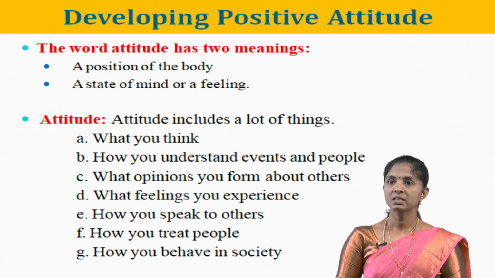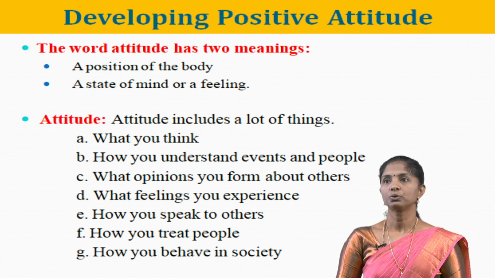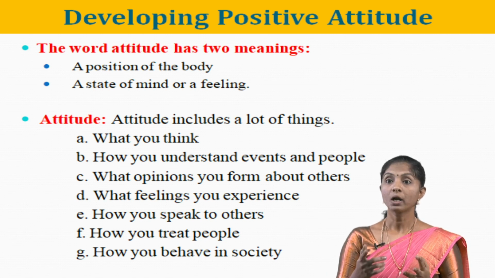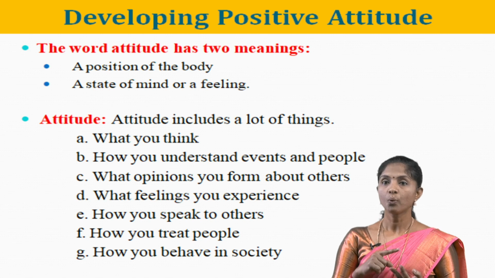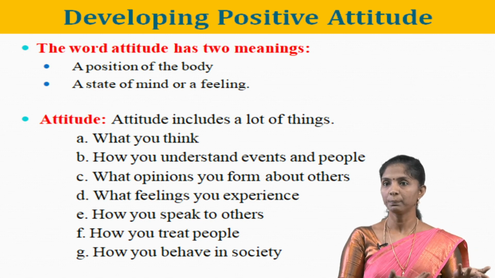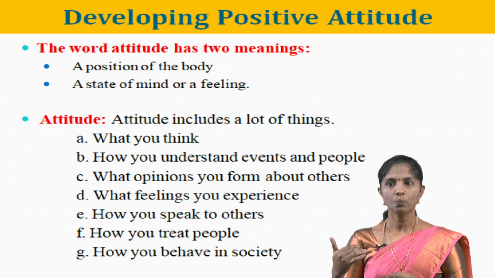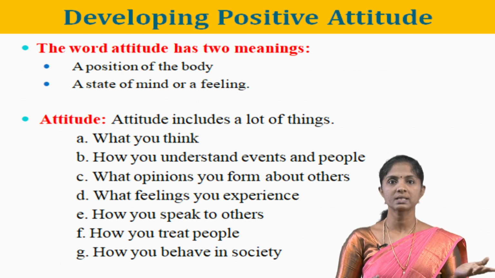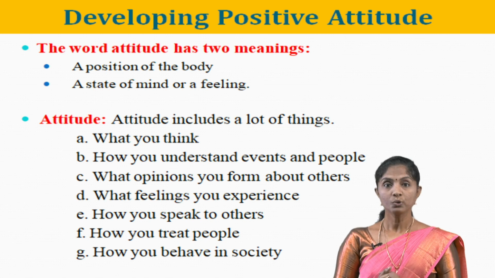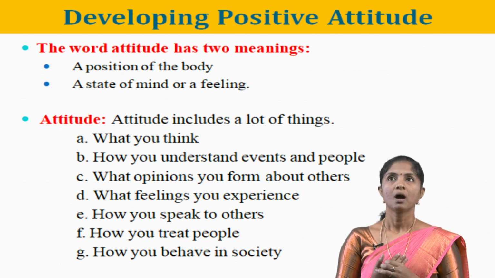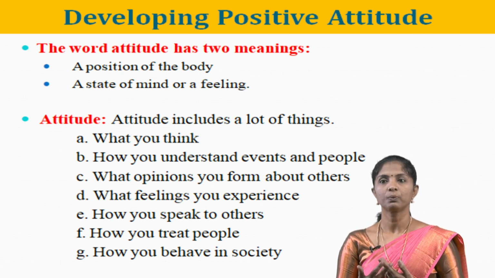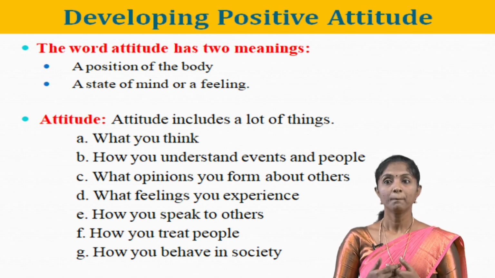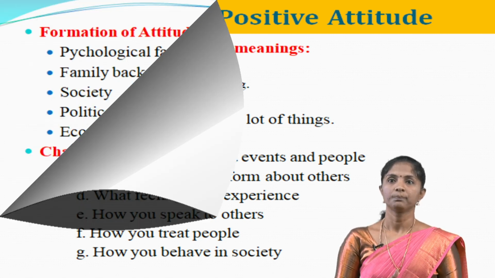A lot of things are included in attitude: what you think, how you understand other people, what opinion you form about others, what feelings you experience, how you speak to others, how you treat people, and last, how you behave in your society.